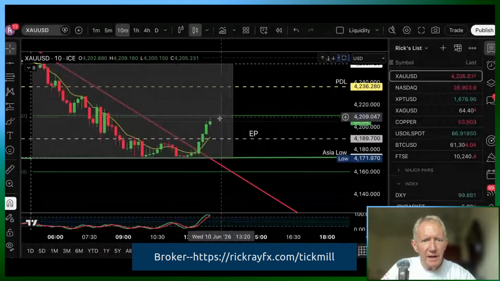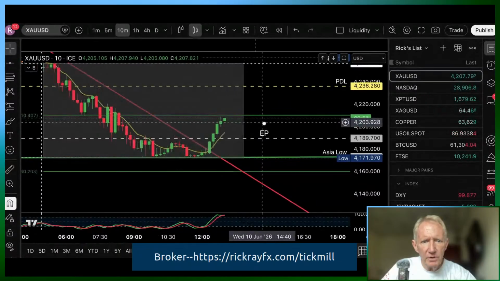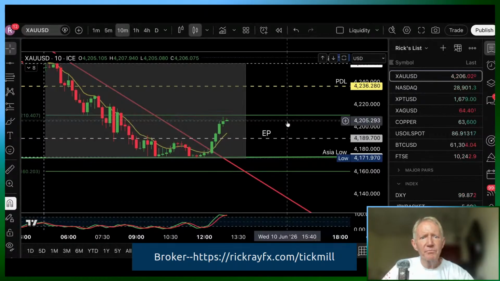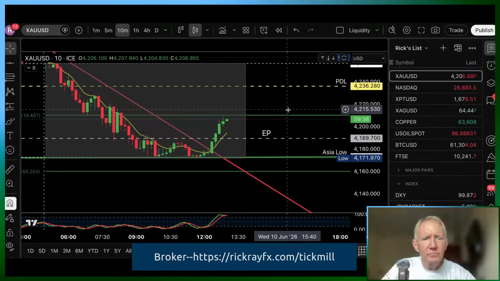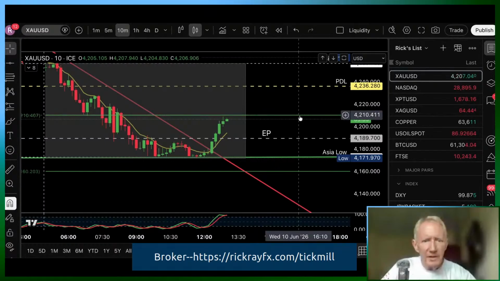So starting to slow down a little bit now, guys. We're at this pivot, this S1, support level 1 or resistance. Let's see, is it going to break above that? So now it's top of the hour.